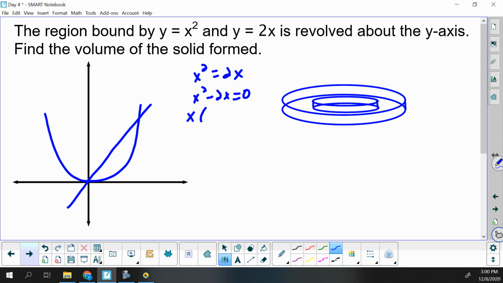You can pull an x out, set them each equal to 0, and you've got 0 and 2. So x equals 2 is the other spot that this is crossing. The y value where they're crossing, if you put 2 into either of them, you get 4.